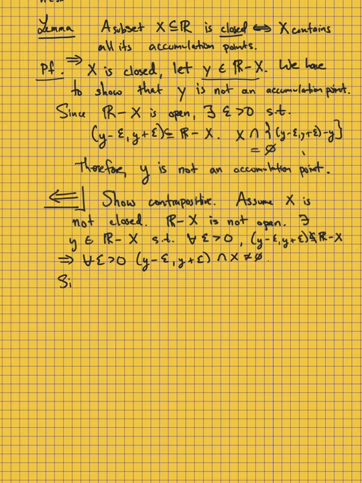But since Y is not in X, we also have that (Y minus epsilon, Y plus epsilon) minus Y intersect X is not empty, because any element in this intersection has to be in X, so it can't be Y. If you remove Y from one of the sides, you still have a non-empty intersection.